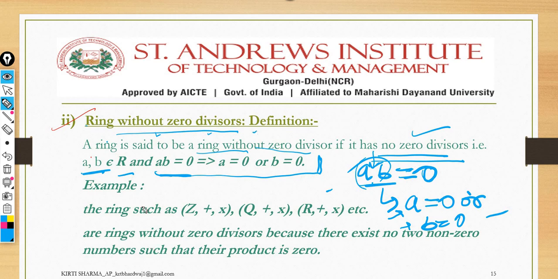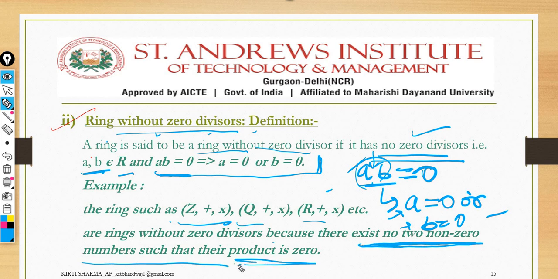Okay, we will take an example to get more clarity about it. Examples of rings without zero divisors are the integers with addition and multiplication operations, rational numbers, and real numbers. These are rings without zero divisors because there exist no two non-zero numbers such that their product is zero. Just focus on this.